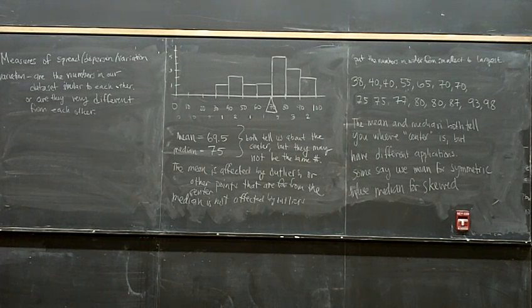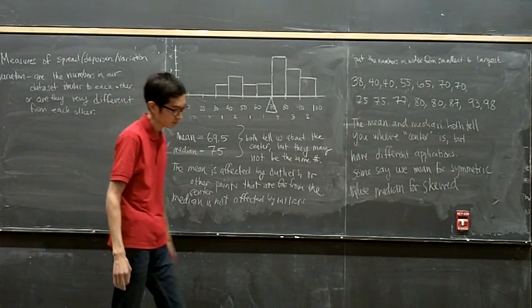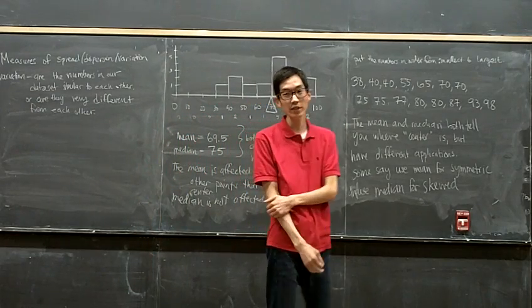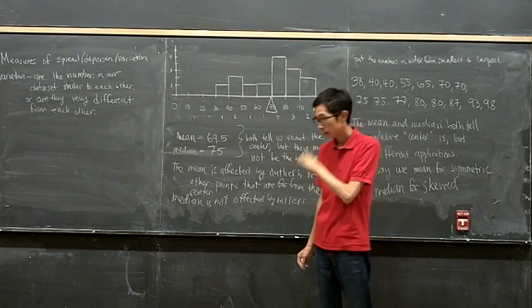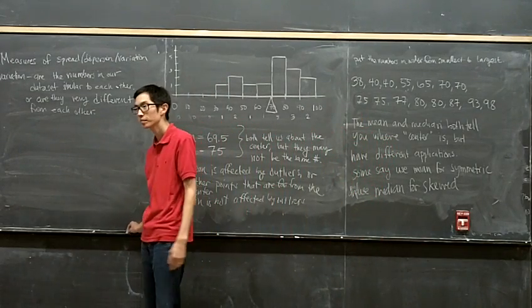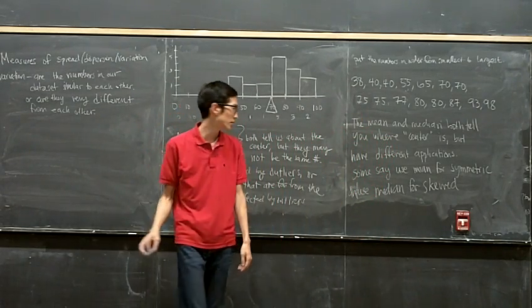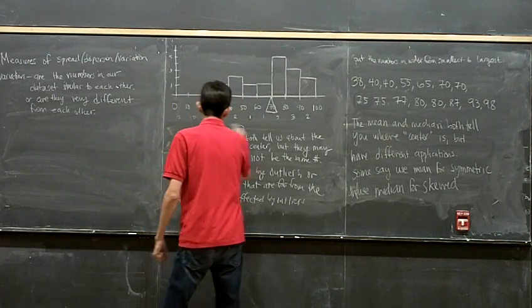If the numbers are similar to each other, we say there is little spread or little variation. And if they're very different, we say there's lots of spread or high variation. Alright, so let's test if we can understand this concept.